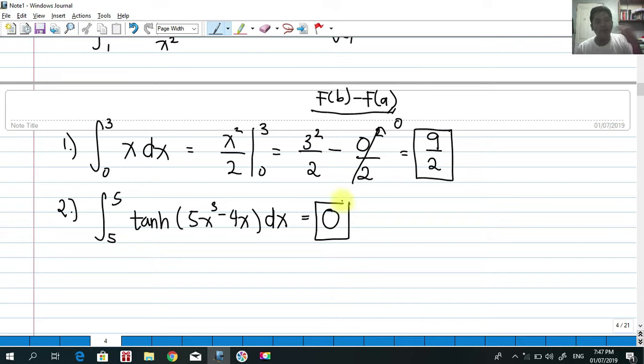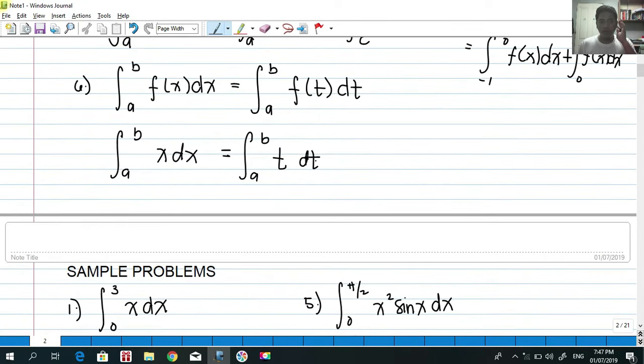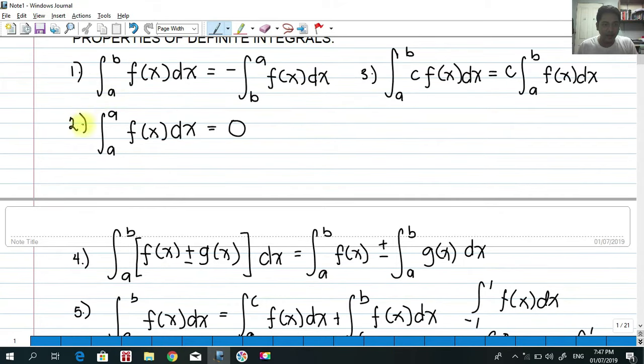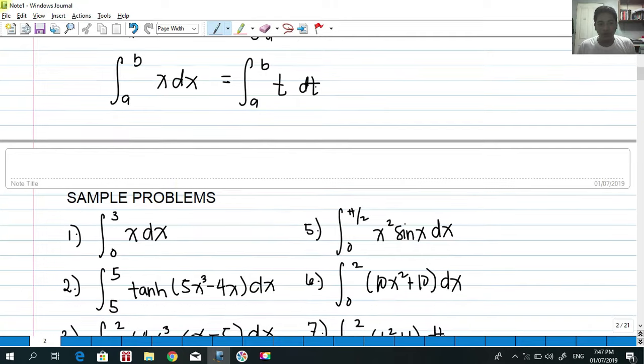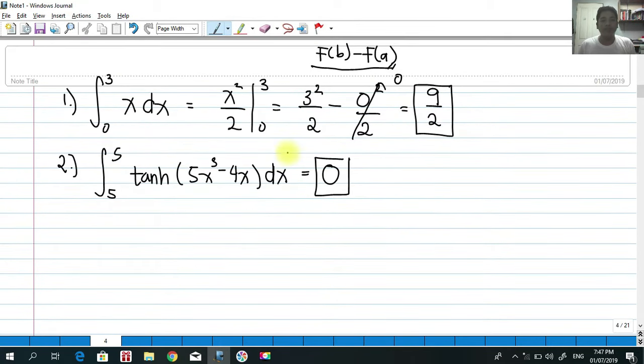Because we have done no integration here. We evaluated this from 5 to 5, so a and b have equal values. By the property we discussed, if we have two limits that are equal in our integral, the value of that integral should always be equal to 0.